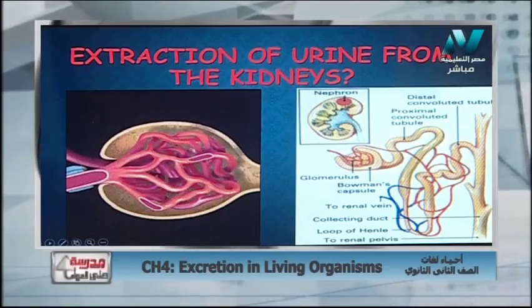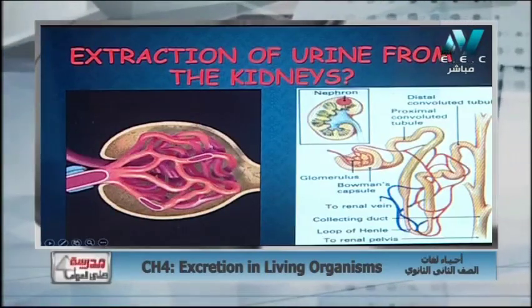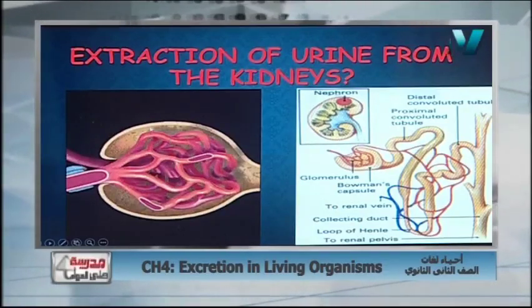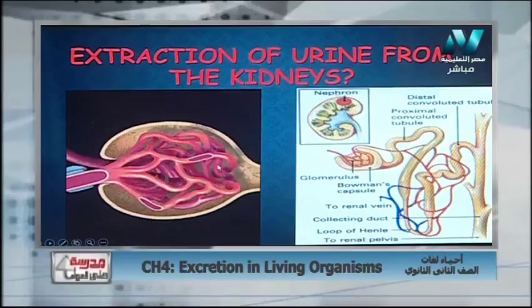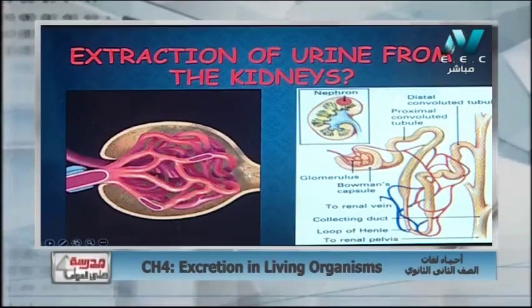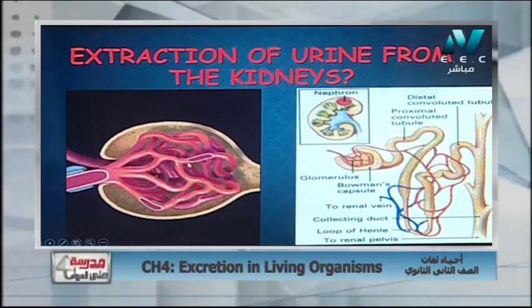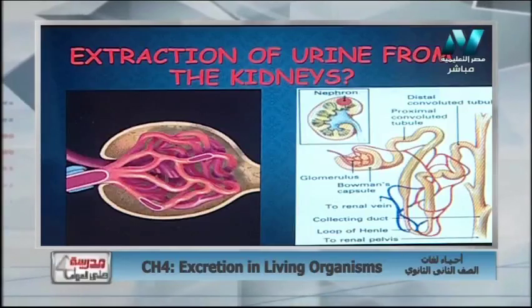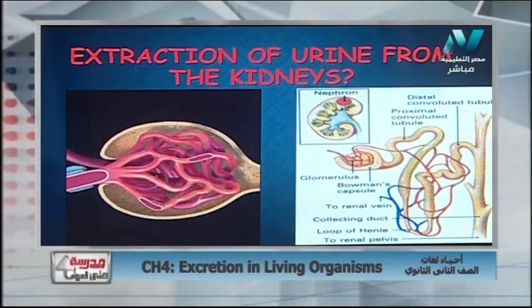It's very clear, very excellent, because it shows the glomerulus, the network of blood capillaries inside the Bowman's capsule. So the plasma of the blood is filtered out into Bowman's capsule, most of it, but not the cells and not the proteins. So what is the component of the plasma of the blood?